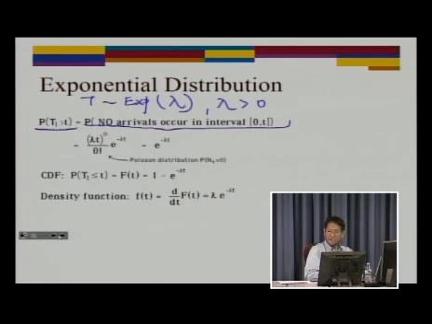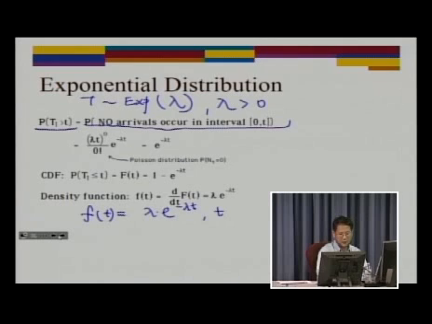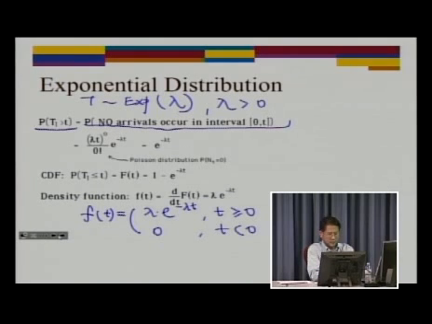And its PDF, probability density function, is given by f(t) equals lambda times e to the minus lambda t if t is greater than or equal to 0, and 0 otherwise, t less than 0. Okay? So, which is the same as this, right? This one.